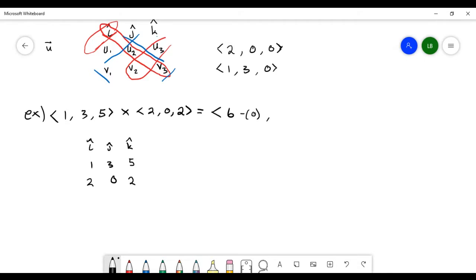Our j component is 5 times 2 gives us 10, minus 1 times 2. Then for our k component, we have 1 times 0 gives us 0, minus 2 times 3 gives us 6. So our answer would be 6, 8, negative 6. And that is how you take a cross product.